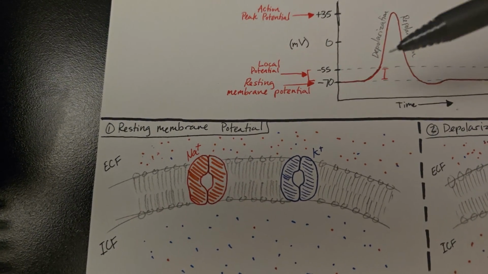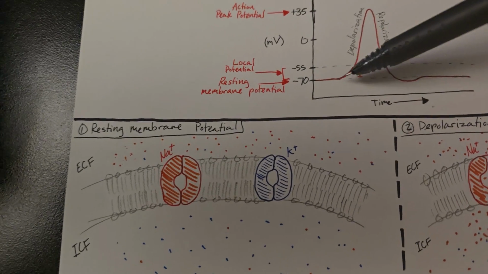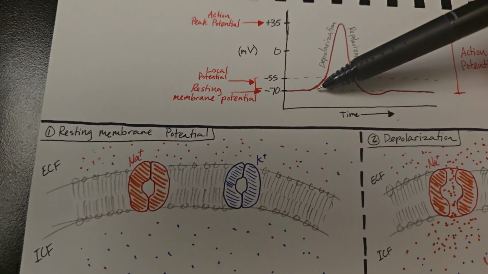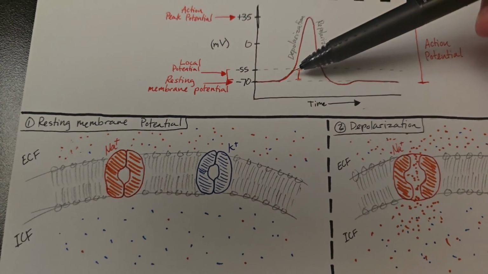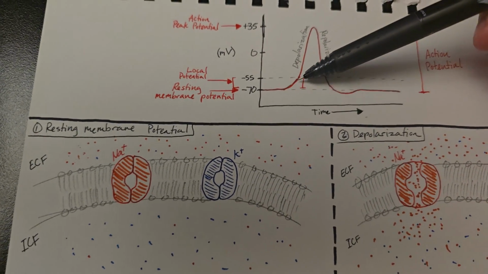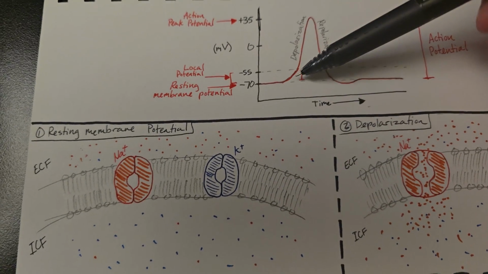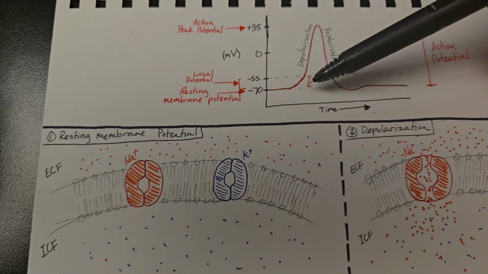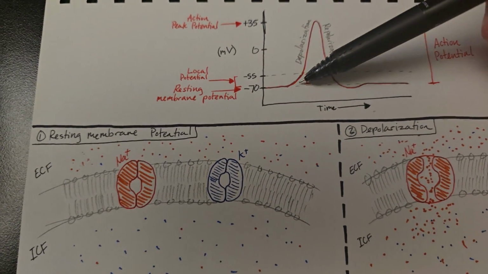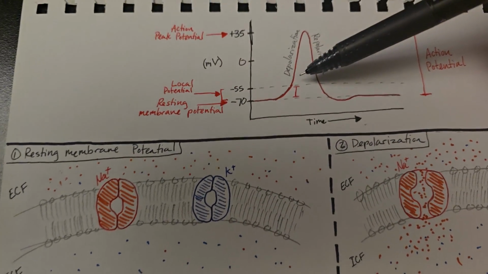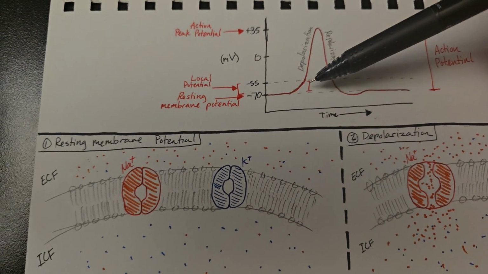As it's ready to send its signal down, it's going to go up a bit into this local potential stage, which just means there's going to be a short change in the voltage as it shifts toward depolarization.